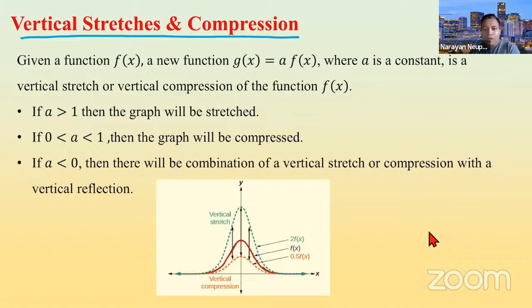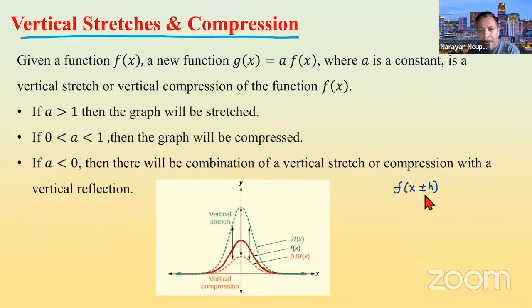Now, when we say transformation, last time, if you remember, if there is a function f of x, in order to look at the transformation of this function, we looked at x plus or minus h. If we add h, the graph will shift to the left.